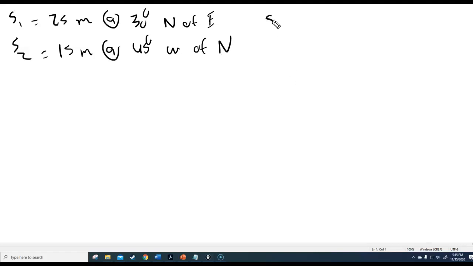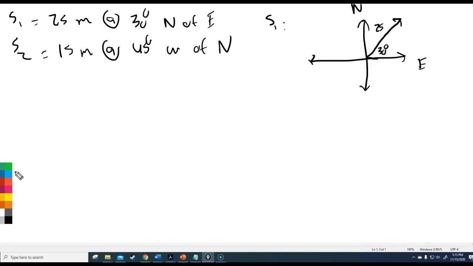I'm going to try to do this relatively quickly. We've done this before, so it should be somewhat familiar, but it has been a while. So I'm just going to do this over here, and you can see what I'm doing and hopefully follow along. 25 meters, 30 degrees north of east, that angle is down here. So S1x would be this part of the vector, and S1y would be this part of the vector.